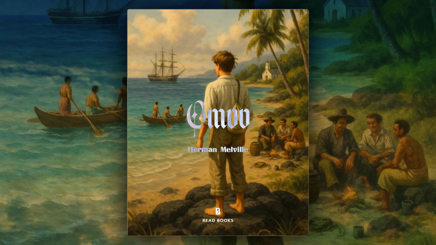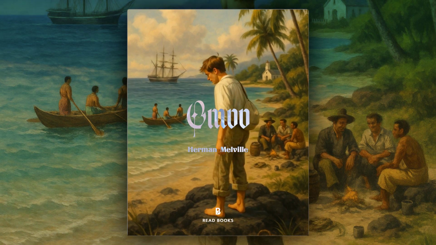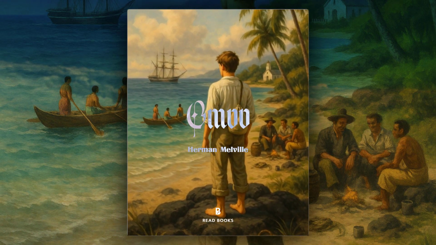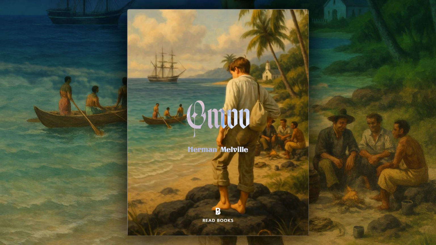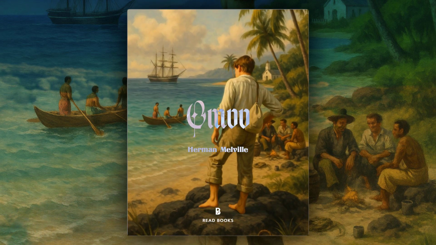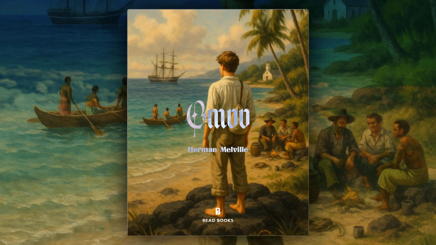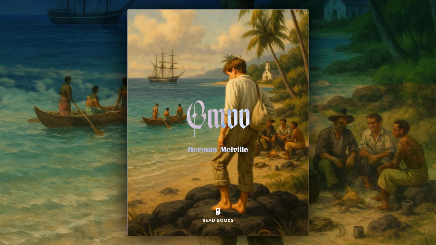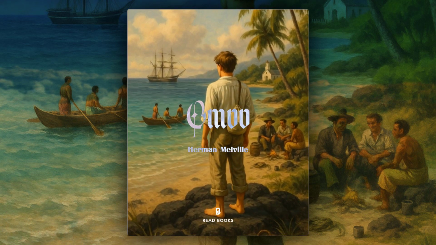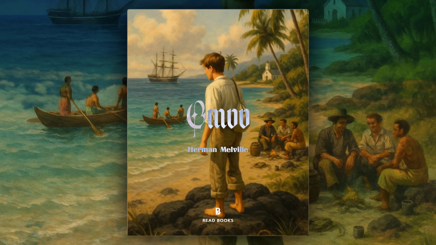This group represents a spectrum of personalities, from the rebellious to the disillusioned sailors who have opted for a life outside the shackles of maritime duty. Their interactions are filled with camaraderie, laughter, and a sense of freedom from societal expectations. Yet it becomes clear that their life is tinged with danger and discontent.